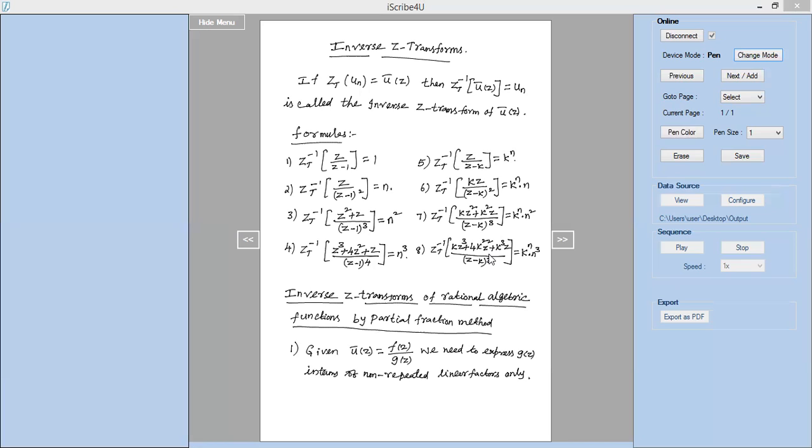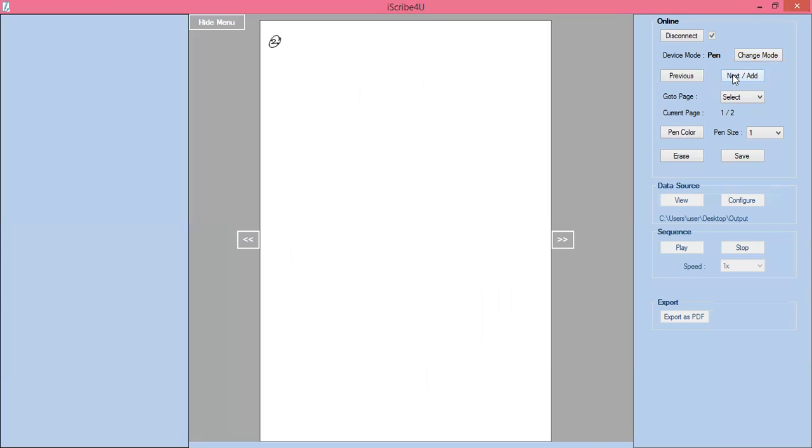Next step: we consider u bar of z divided by z in the form of proper fractions. I'll write here, proper fractions.